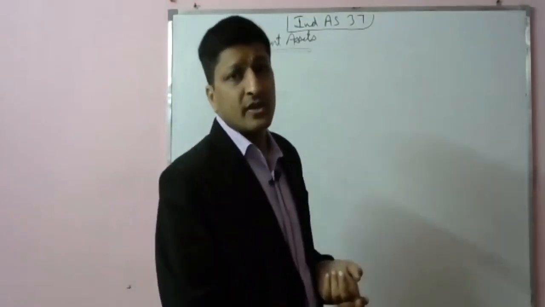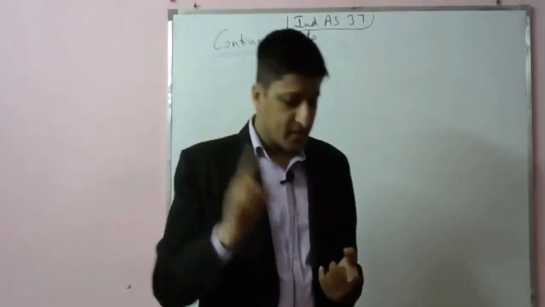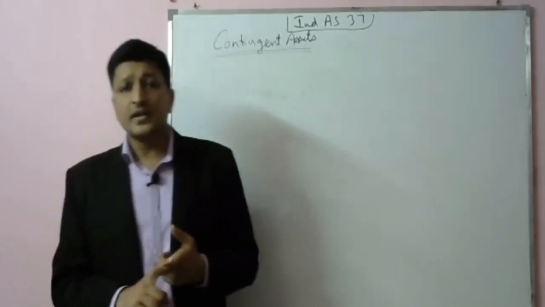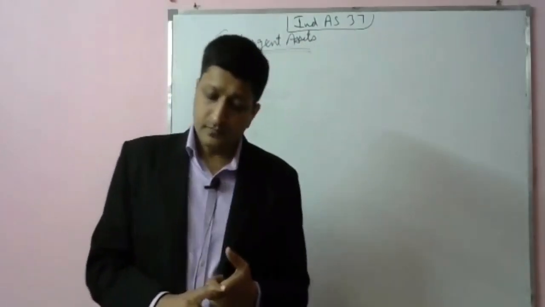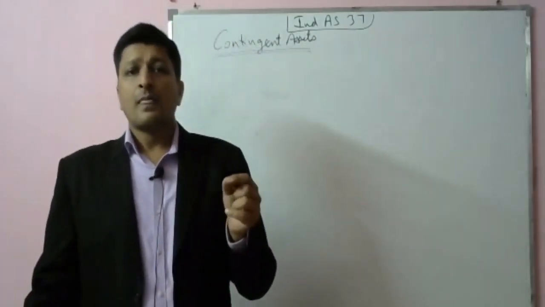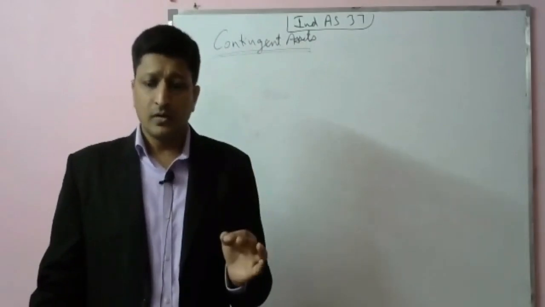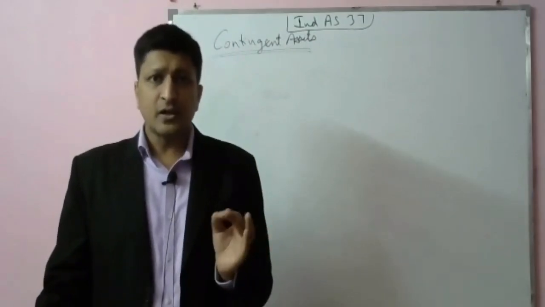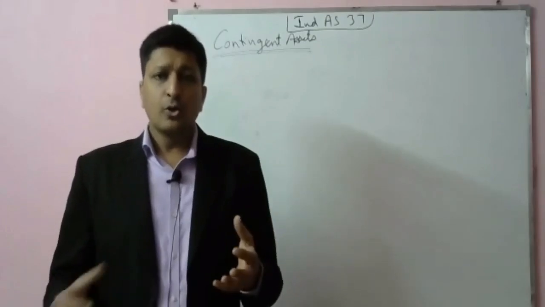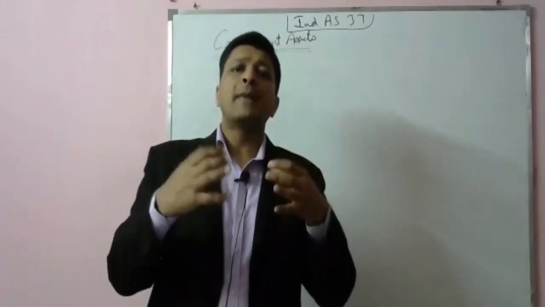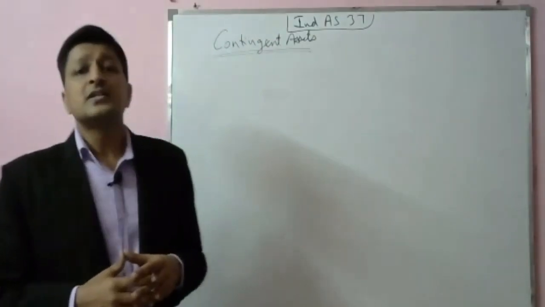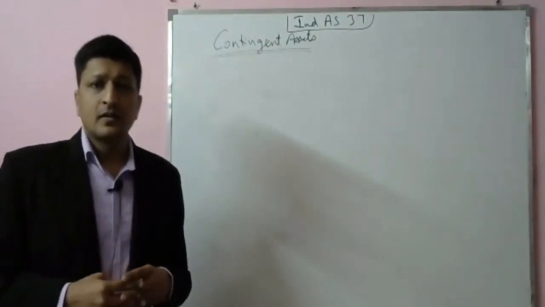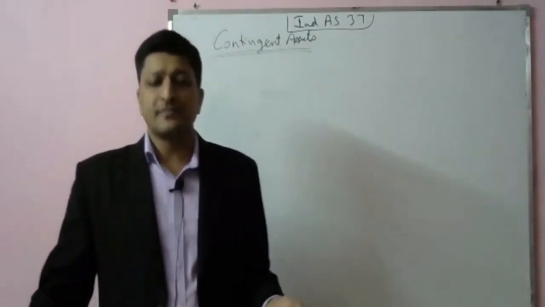Let's go back to the definition of an asset. I'm not talking about a contingent asset. What is the definition of an asset? An inflow which will result to an entity, correct? Or you can say economic benefits that will result to an entity as a result of past events.